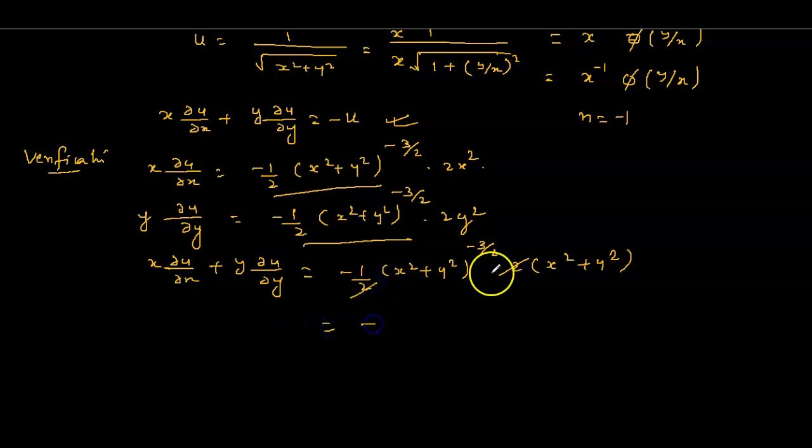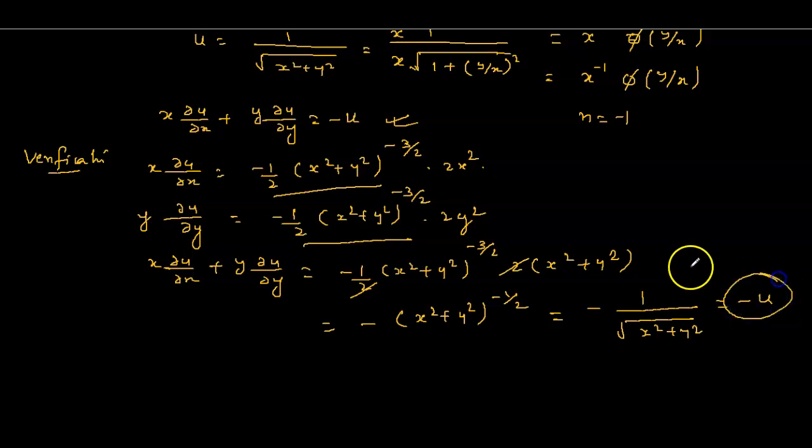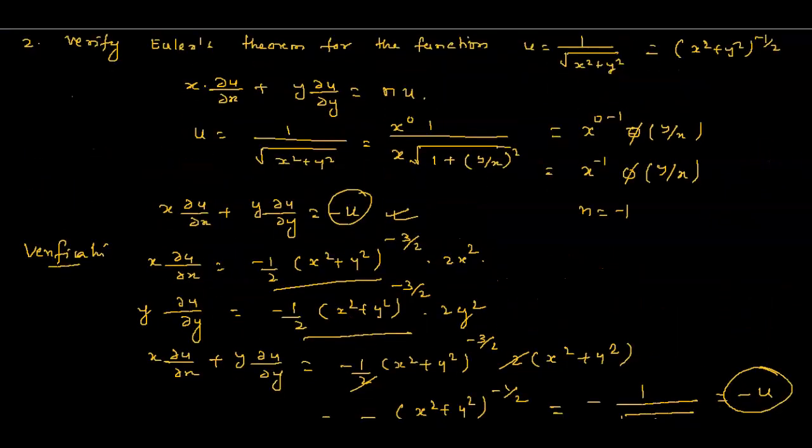Adding the powers, minus 3 by 2 plus 1 becomes minus 1 by 2. So x square plus y square to the power of minus 1 by 2, which is minus 1 by square root of x square plus y square. So this is minus u. We got the same thing here also. So this verifies Euler's theorem of degree 1.